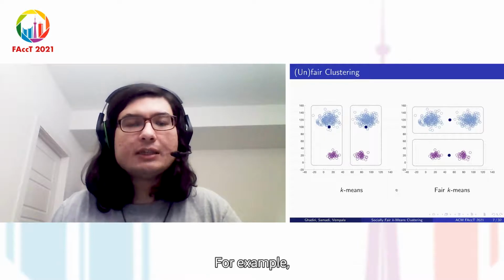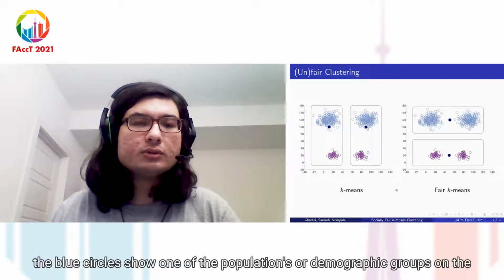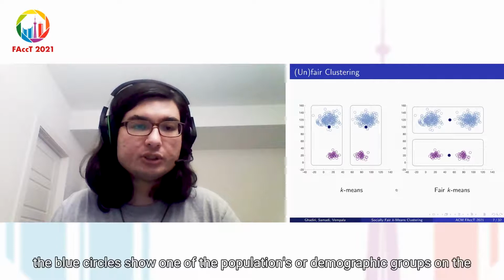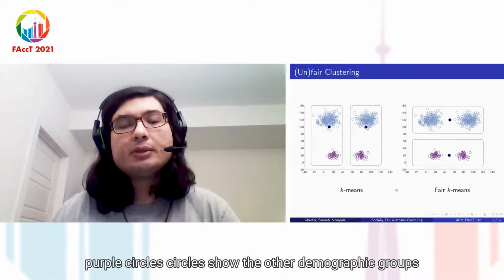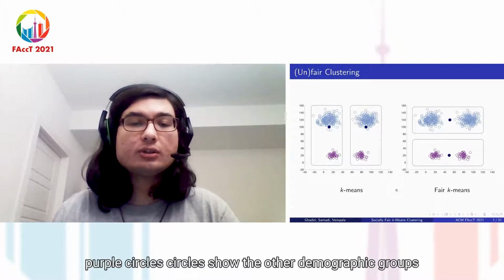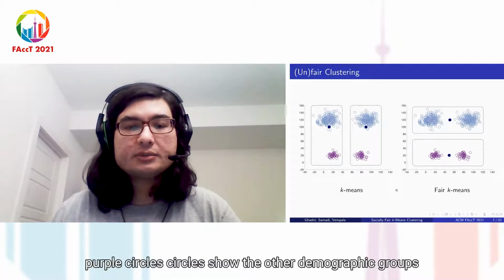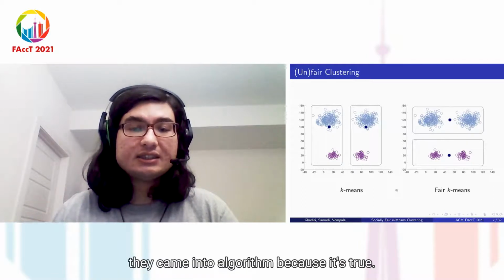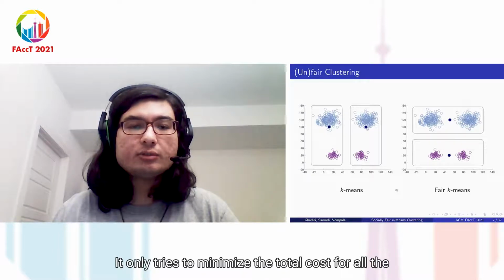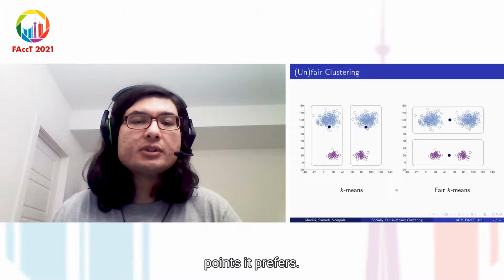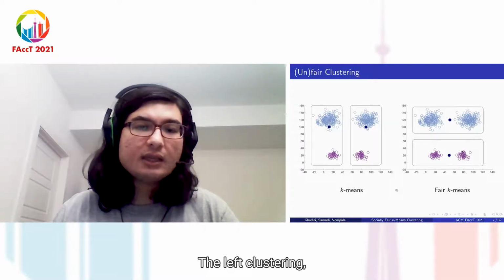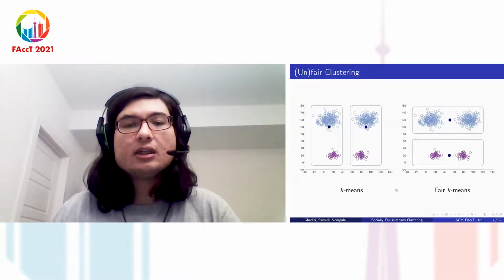The k-means algorithm, as we will see in this example, is not fair to demographic groups. For example, in this example, the blue circles show one of the populations or demographic groups, and the purple circles show the other demographic groups. The k-means algorithm, because it only tries to minimize the total cost for all the points, prefers the left clustering.